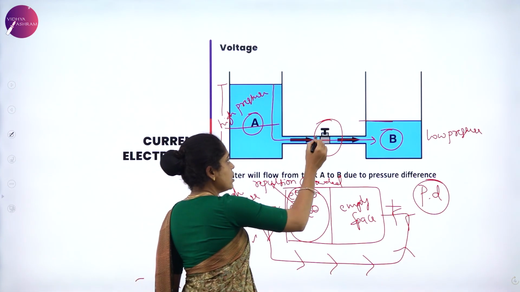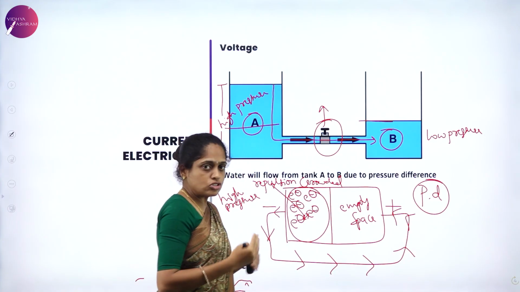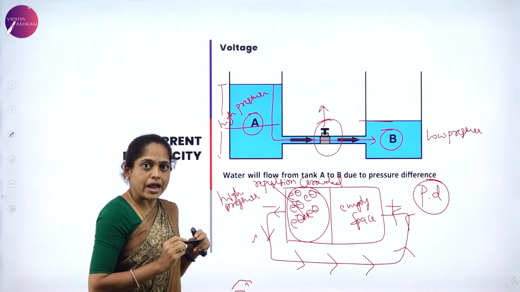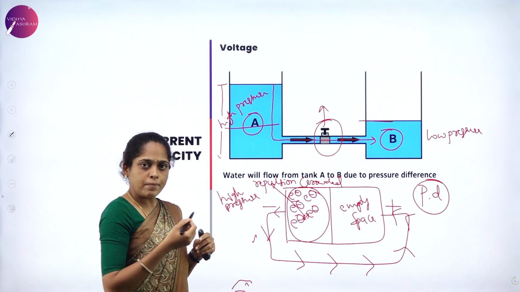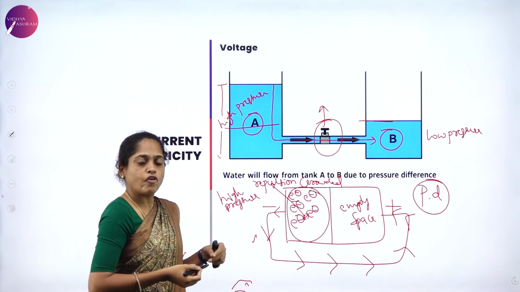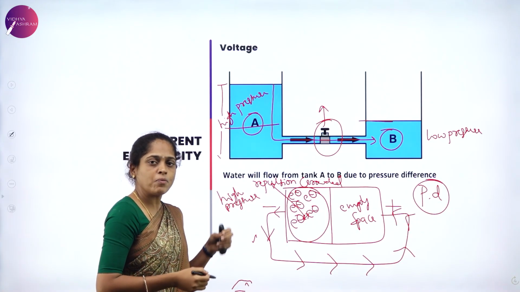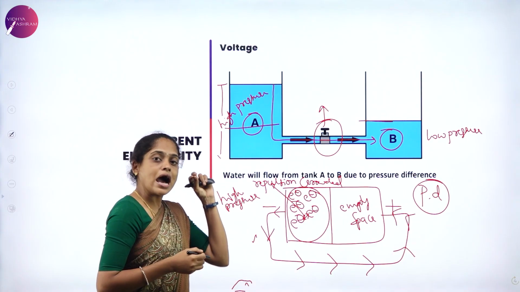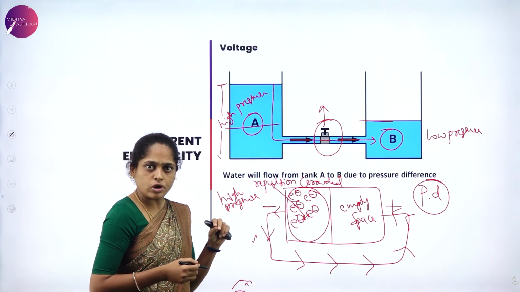In the same way, the function of this pump is done by the battery. The battery continuously maintains the potential difference for the electrons to flow from one terminal to another terminal, that is from higher potential to lower potential.